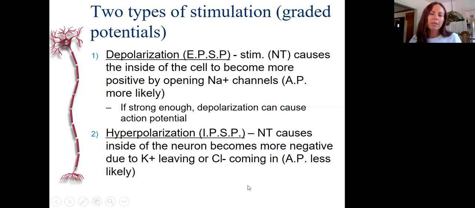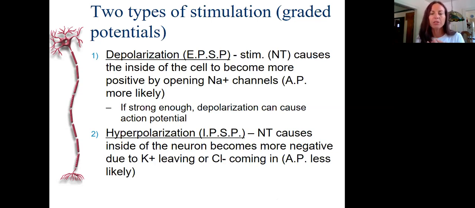We can also see something called hyperpolarization, or an inhibitory postsynaptic potential. That is when a neurotransmitter comes in, or goes out for that matter, but something causes the inside of the neuron to become more negative rather than more positive.